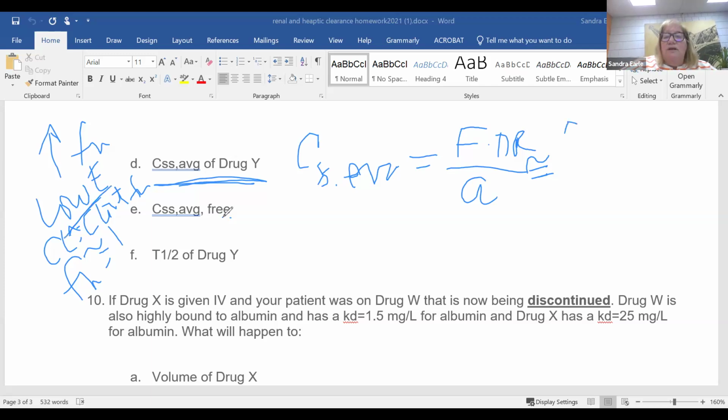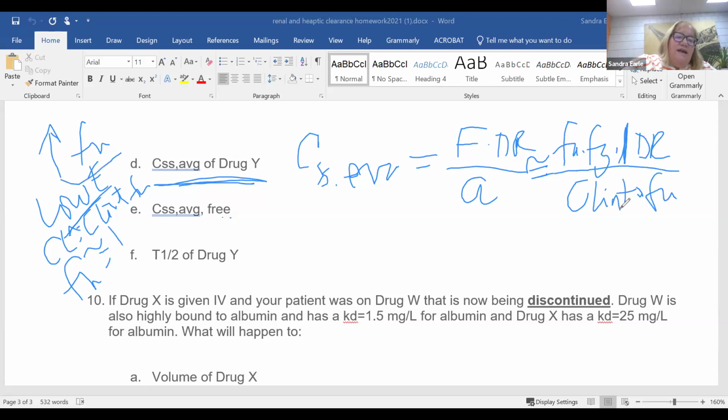So bioavailability is FA times FG times FH, which is approximated by 1, times dose rate all over clearance, which for this drug, because it's a low E drug, is intrinsic clearance times fraction unbound. And again, what's happened? It's been displaced from its plasma protein binding site. So clearance increases and our CSS is going to decrease, isn't it?